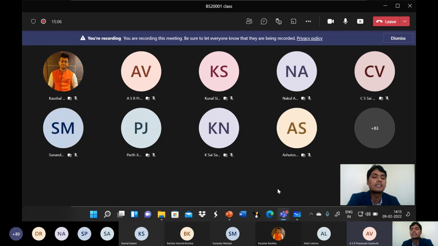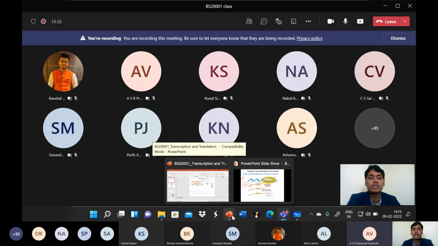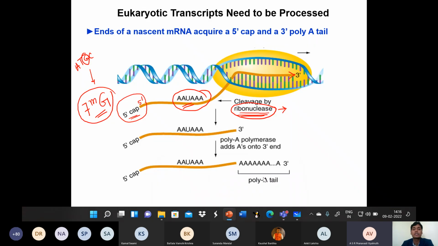And DNase is an enzyme which digests or cleaves DNA. An enzyme that cleaves nucleic acid, it can be RNA, it can be DNA, right? So ribonuclease means an enzyme that cleaves ribonucleic acid, that cleaves RNA. That's all.